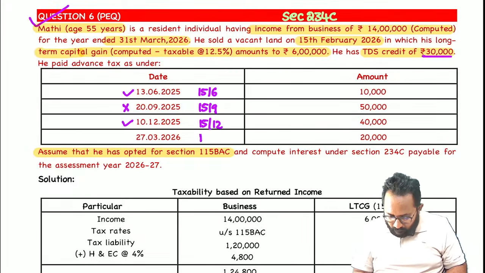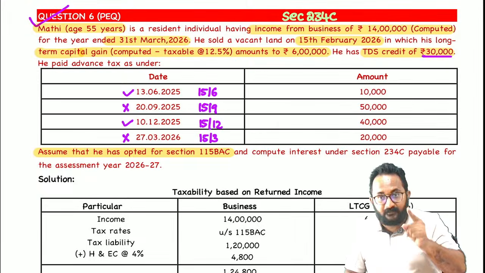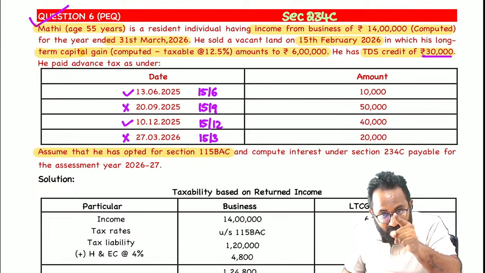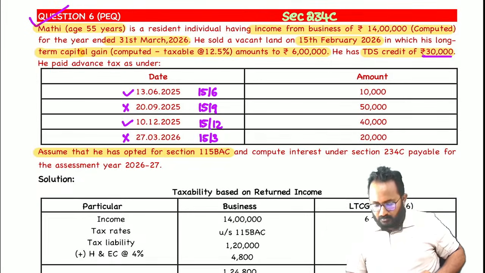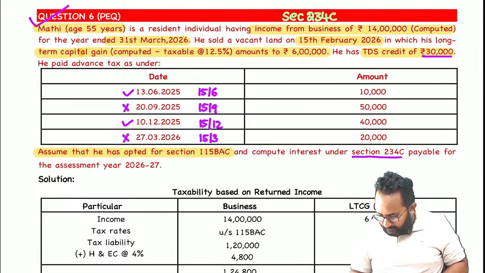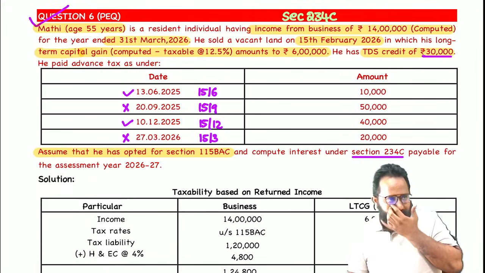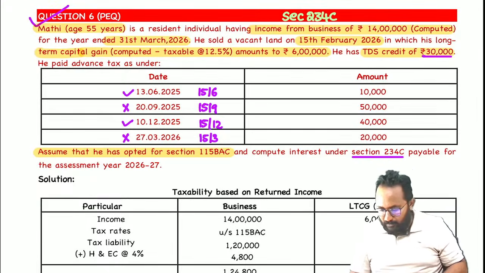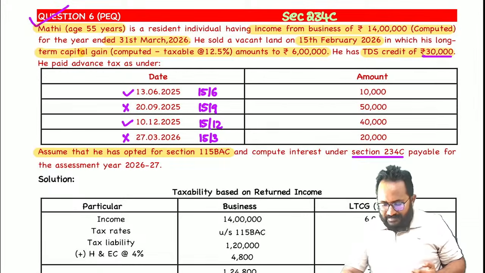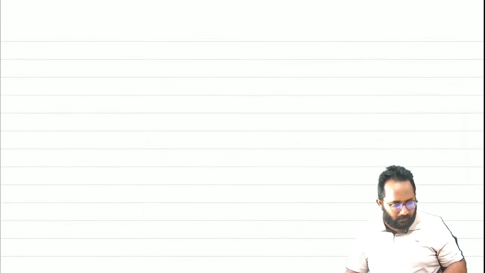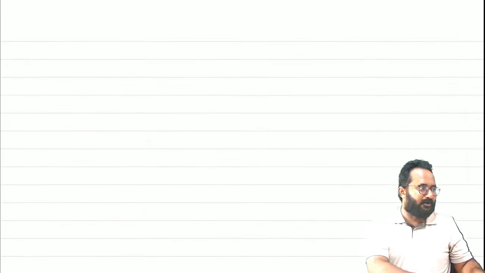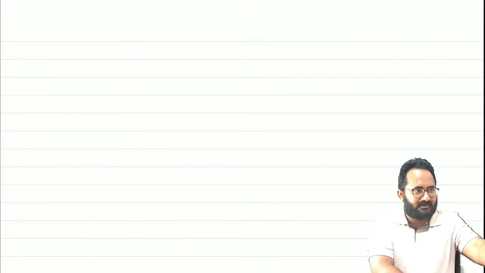On 15th March, deferment of advance tax installments done or not? They are asking for interest under section 234C. Interest under which section? 234C. Now I will calculate on paper. Please give me one calculator also. I don't want to depend upon your computations.